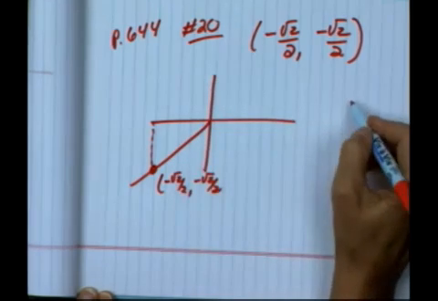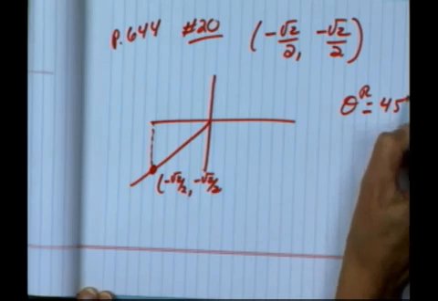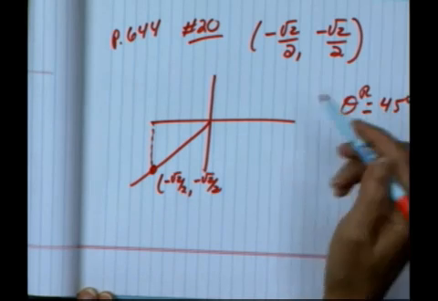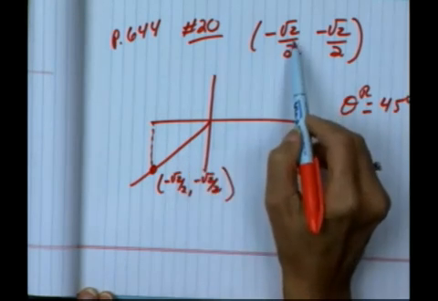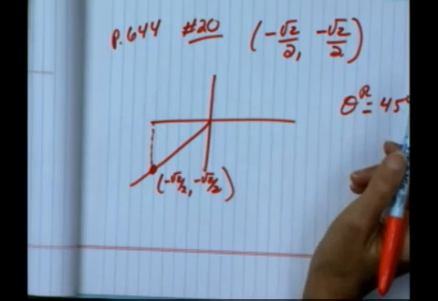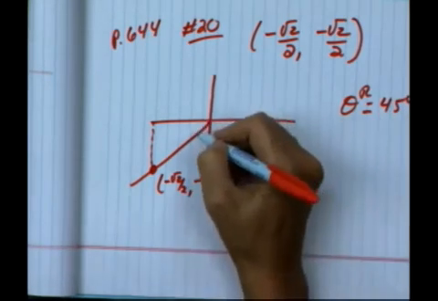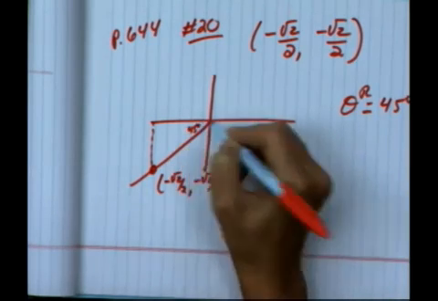Somebody tell me right away what the measure of this reference angle is without any effort. It's a 45-degree reference angle. How do you know? Right, the sine and cosine of 45 degrees is square root of 2 over 2. So that's one you've memorized. All right, so this is a 45-degree reference angle.